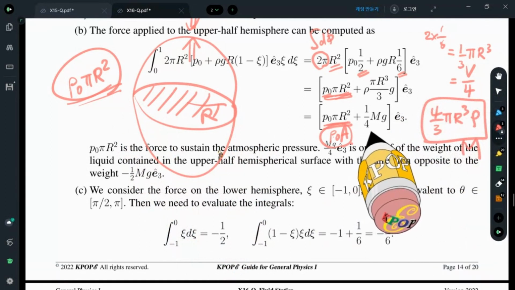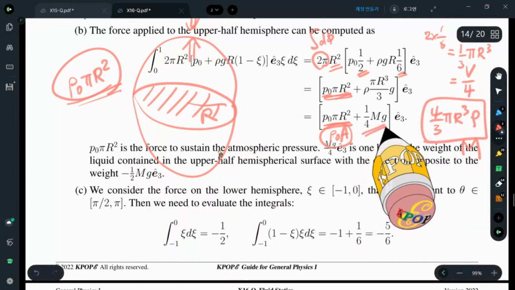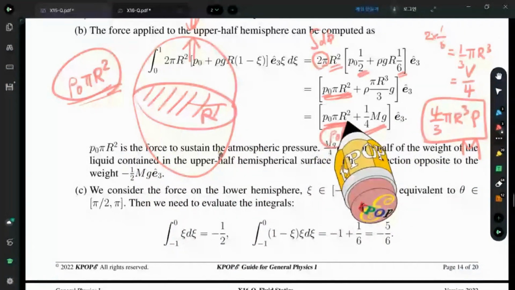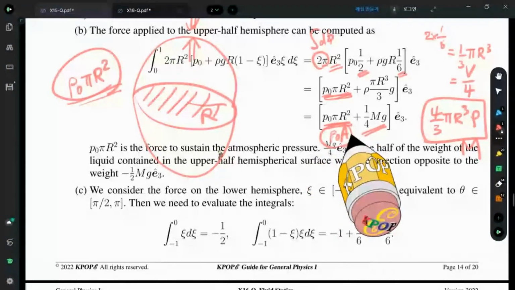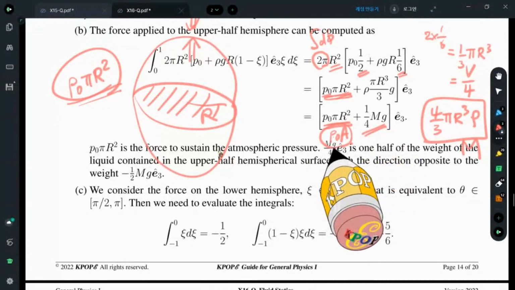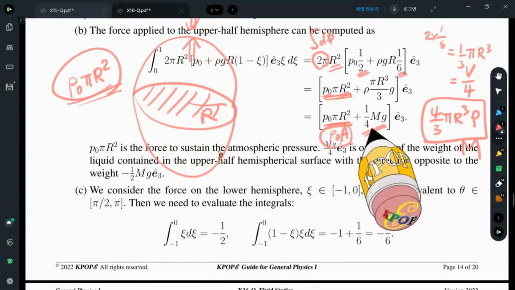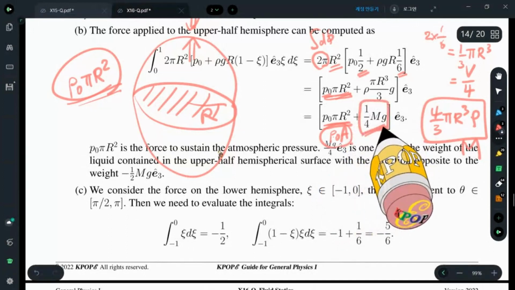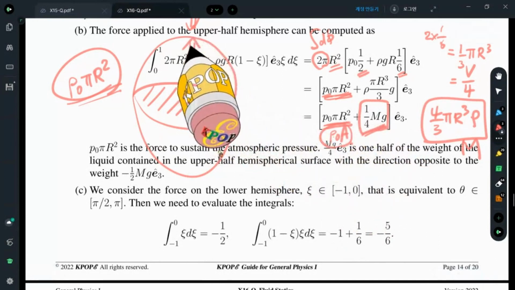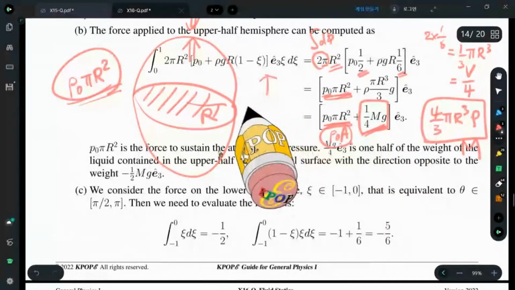Therefore, we have 1/4 of mg plus the equivalent force to sustain the atmospheric pressure added. We have found this amount, 1/4 of mg, is applied upward.